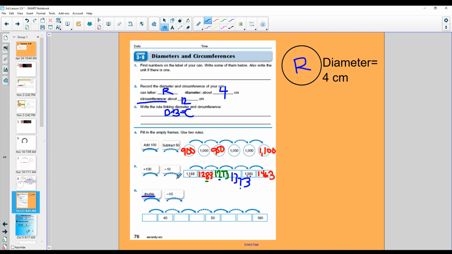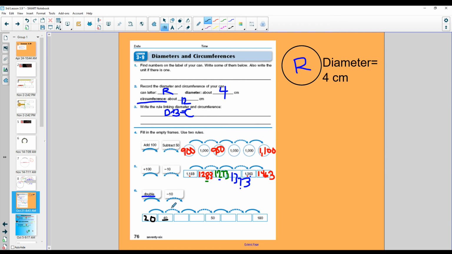I hope so. All right, we need to double. What's the opposite of double? Half. Think of half of 40. If you don't know half of 40, think of half of 4 and we'll add a 0. Half of 4, if we shared, would be 2. So half of 40 is 20.